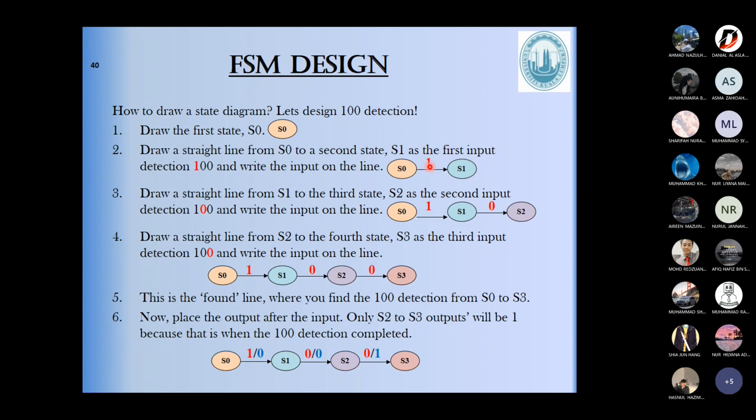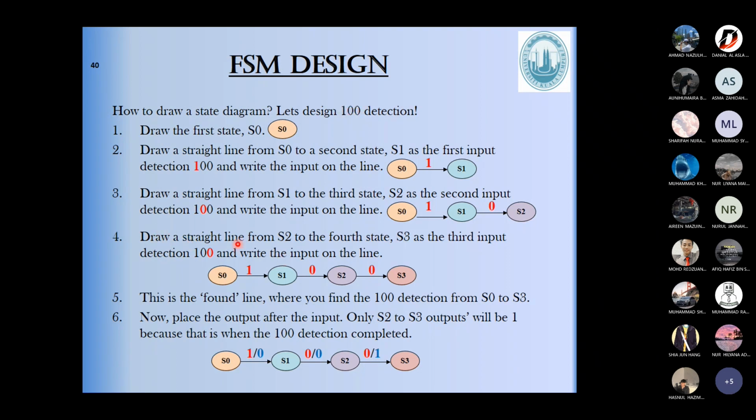That is the input. And then step number 3, draw a straight line from S1 to the third state, which is the state 2, and the second input detection, which is 0 lah. Tadi kita dah detect 1, sekarang saya detect bit yang kedua. And write the input on the line. So state 0 going to state 1, jumpa 1. State 1 going to state 2, jumpa 0. Okay, so kita dah jumpa 2 bit.